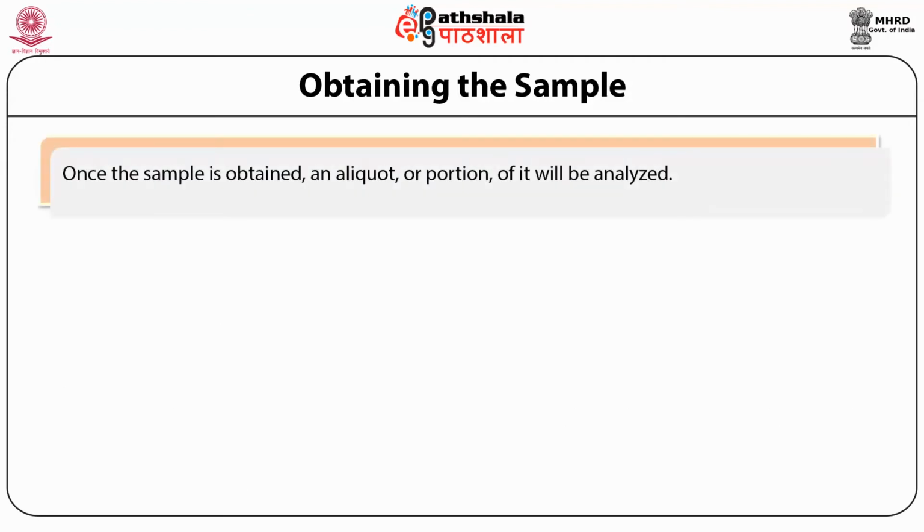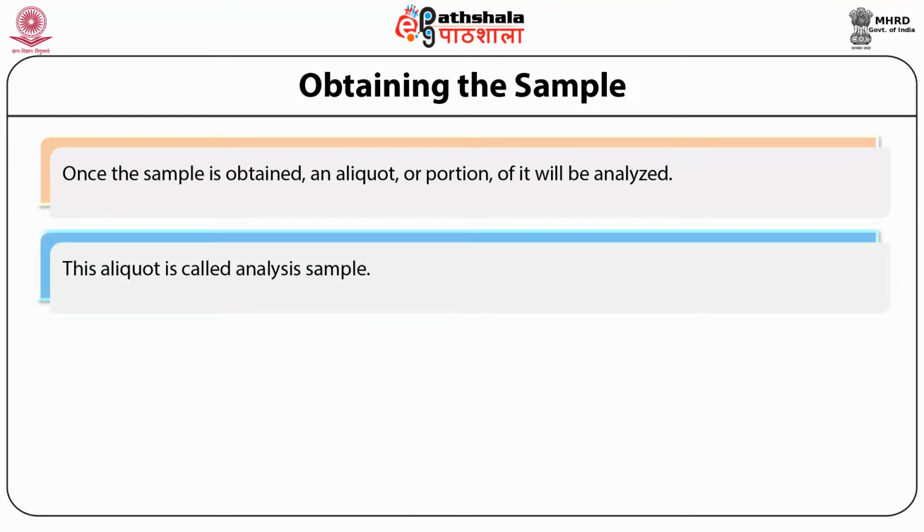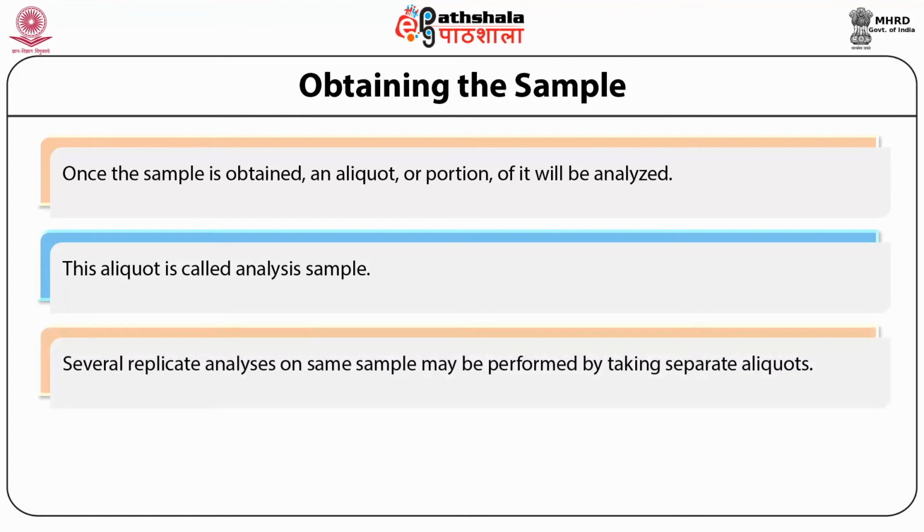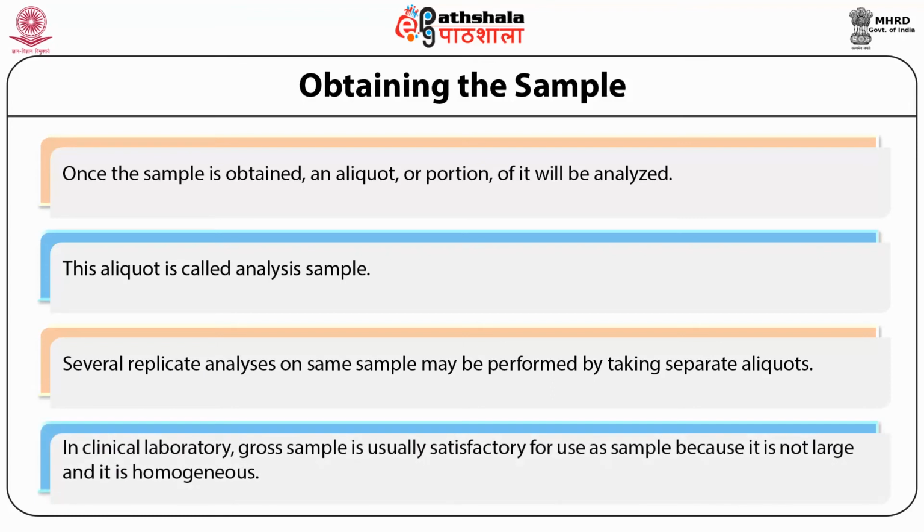Once the sample is obtained, an aliquot or portion of it will be analyzed. This aliquot is called the analysis sample. Several replicate analyses on the same sample may be performed by taking separate aliquots. In a clinical laboratory, the gross sample is usually satisfactory for use as the sample because it is not large and it is homogeneous.